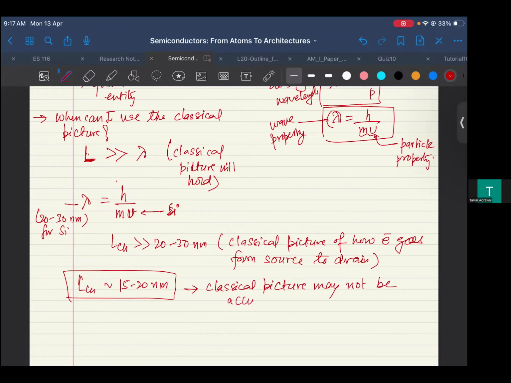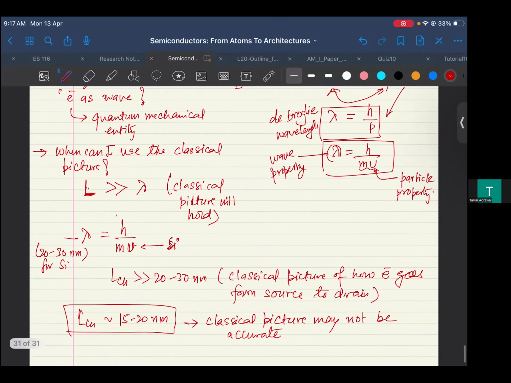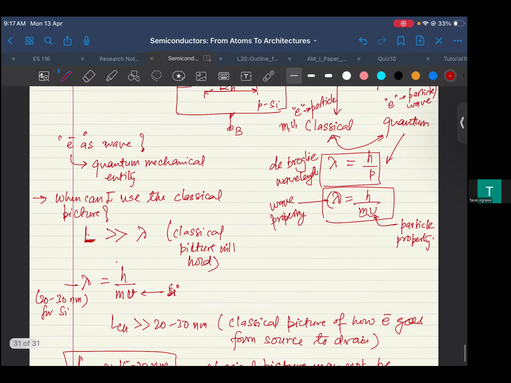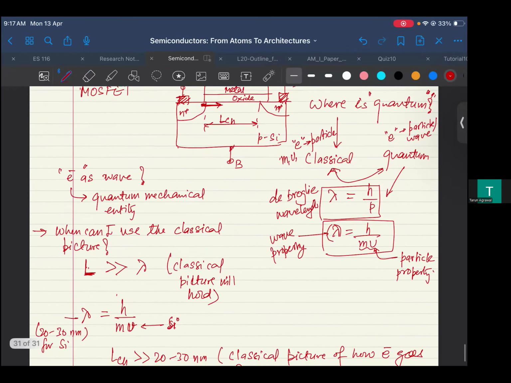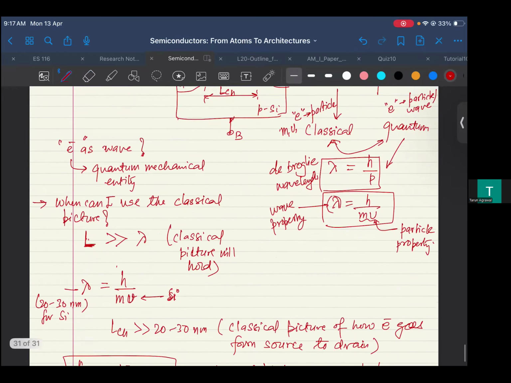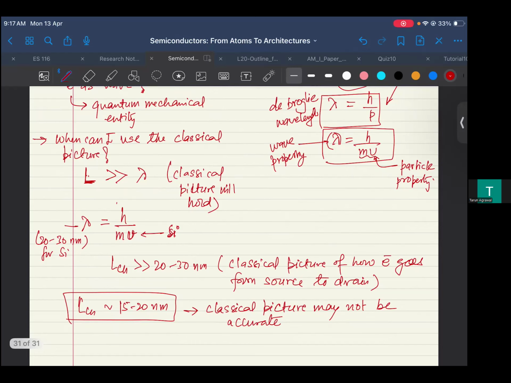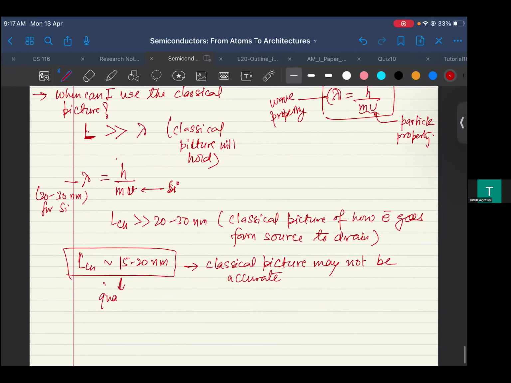And people are probably looking at different ways to account for that, because they already have a setup for the classical picture. So one would not completely get away from it, but would see how to implement whatever quantum mechanical feature or effect you see.